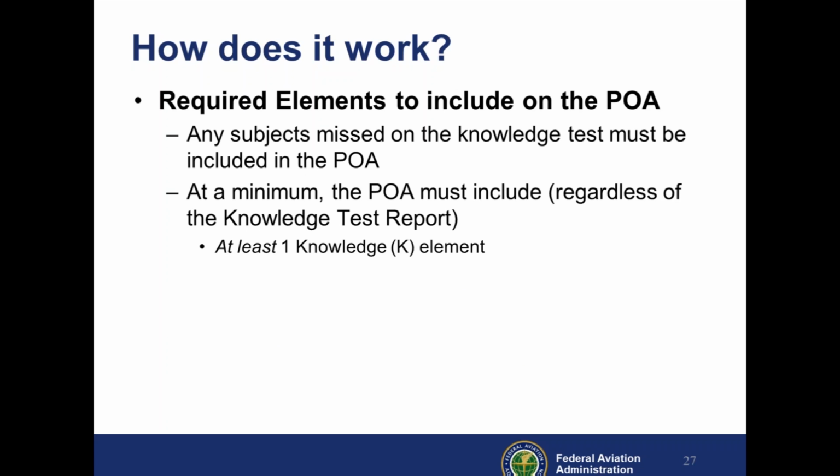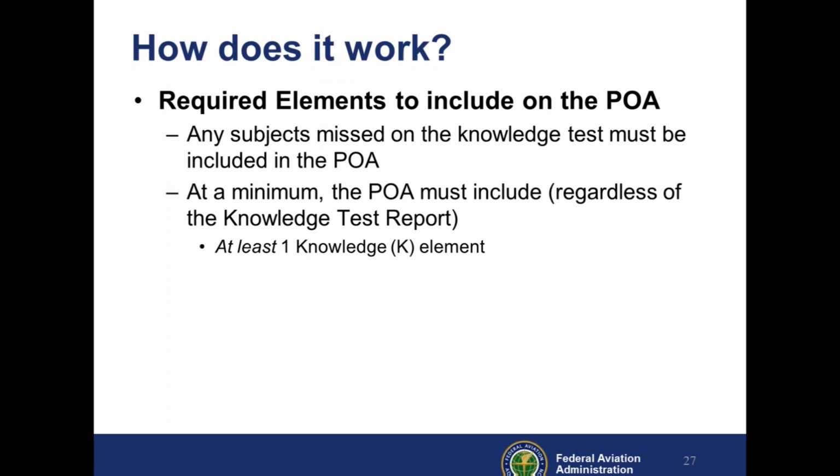I showed you a task a few minutes ago, and it had quite a few knowledge elements. The minimum requirement is only one has to be evaluated during the practical test. So hopefully you see they're not going to ask you about every single one of these. They only have to ask one at a minimum. That will help keep things in scope.